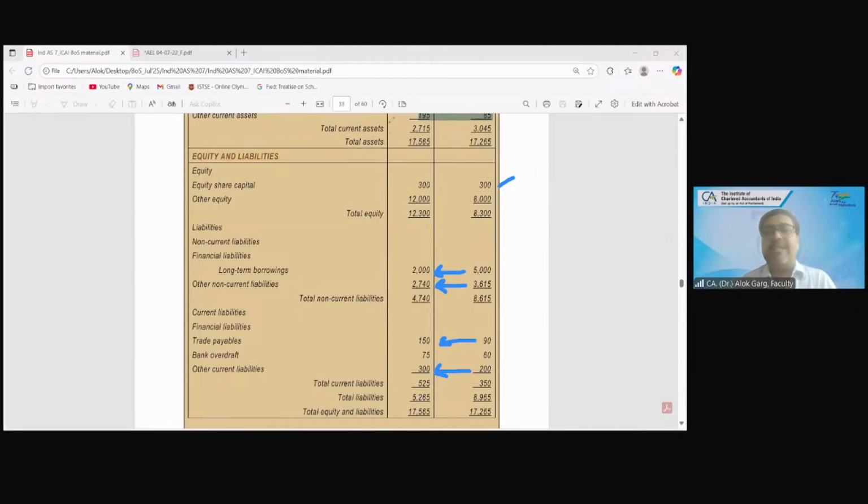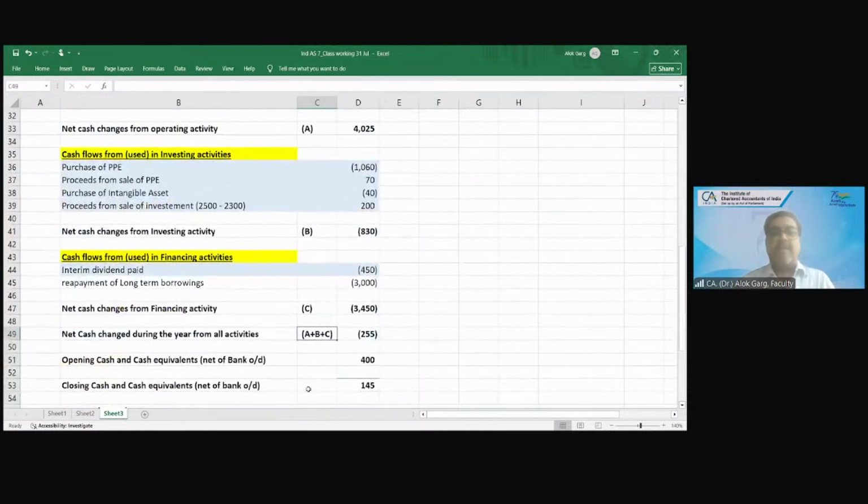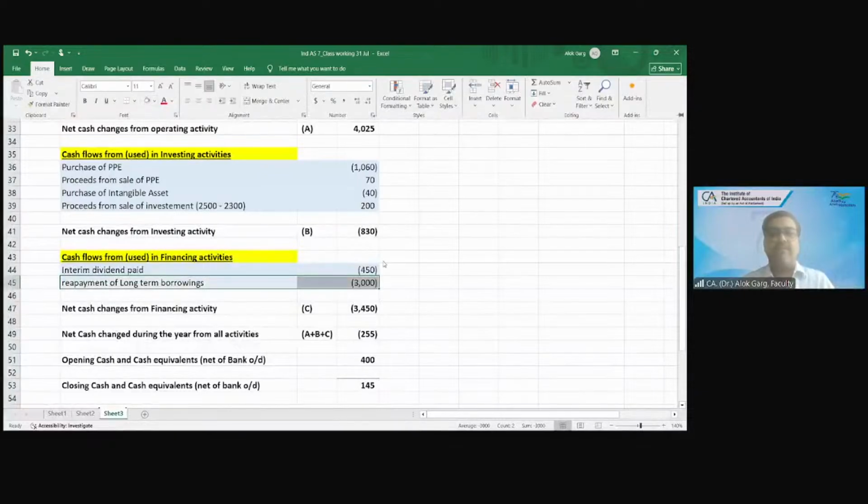First of all, decrease in long-term borrowing, where will it go? Yeah, it is a financing activity. Repayment of long-term borrowing, cash flow from financing activity. Right?